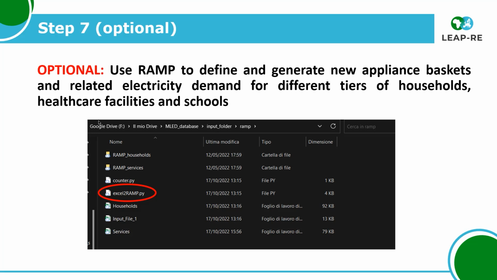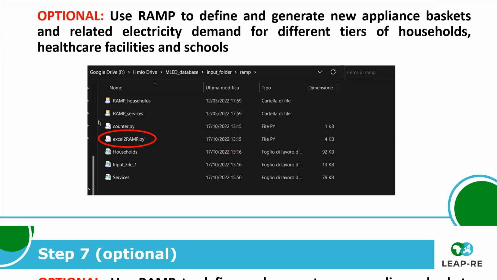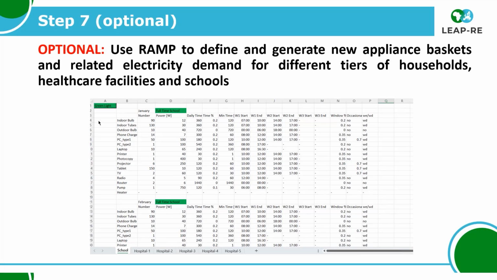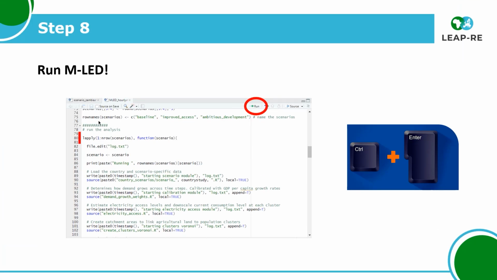And in case of issues, of course, please feel free to reach out to us or open an issue on GitHub to get specific support on this specific aspect of baskets of appliances and archetypical loads generation. You would need to adjust this type of basket of appliances and utilization patterns files according to your assumptions before running them.